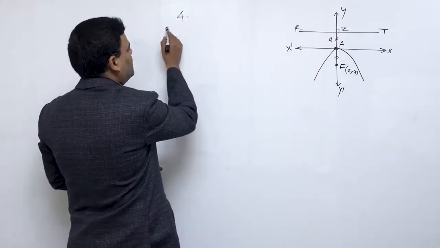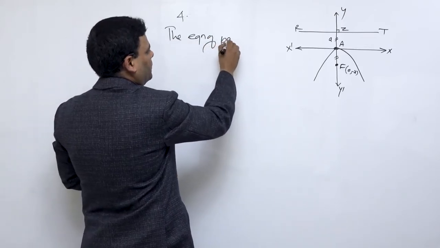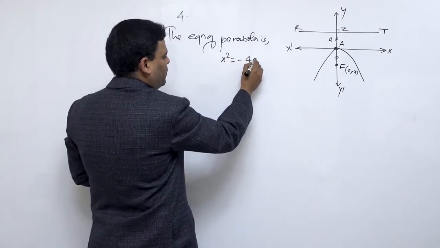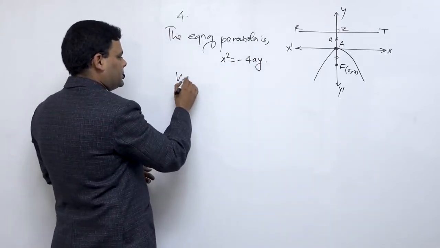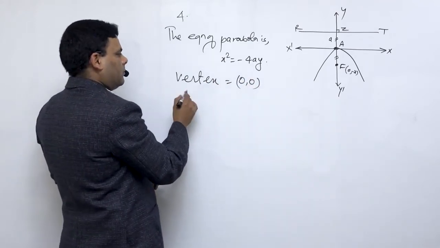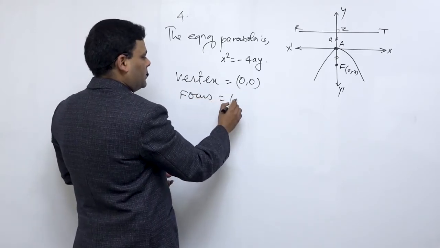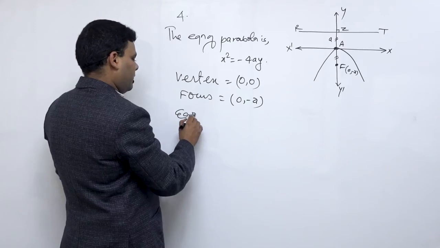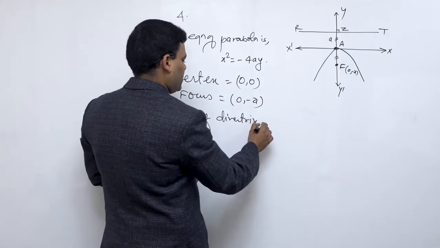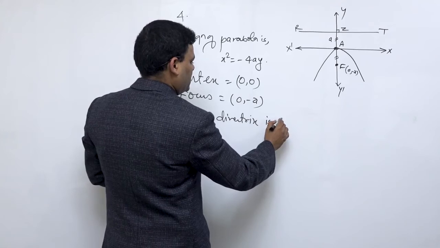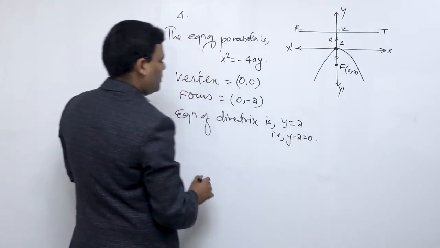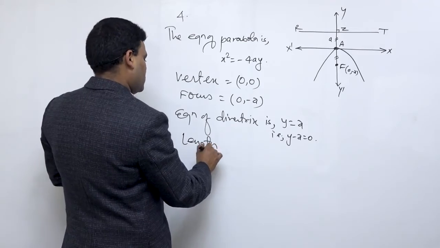Then in this case the equation of parabola is x square equals to minus 4ay, its vertex is at origin 0 0, the coordinate of focus is 0 comma minus a, the equation of directrix is y equals to a, that is y minus a equals to 0, and the length of latus rectum in this case is also 4a.